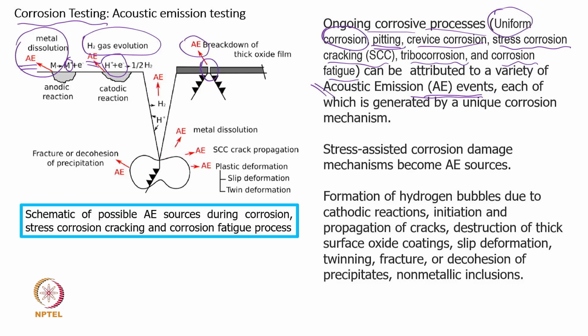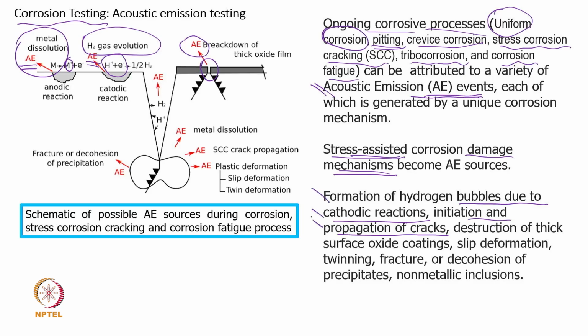Now, we mentioned that stress assisted corrosion damage mechanisms are sources of acoustic emission. And then we are trying to summarize this: the formation of hydrogen bubbles due to the cathodic reaction, and initiation and propagation of the crack.